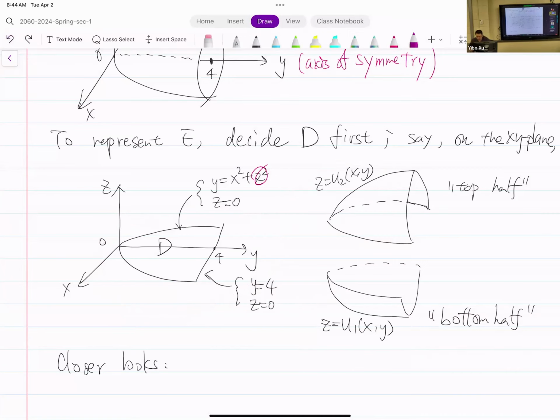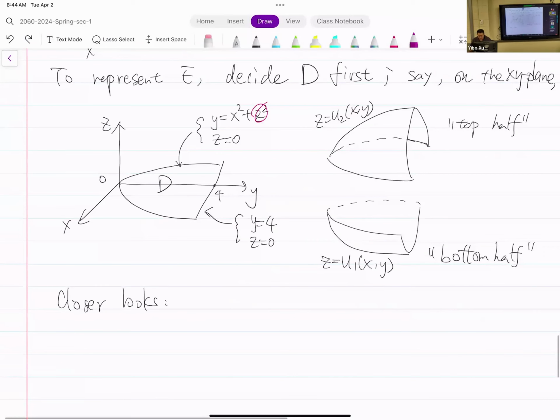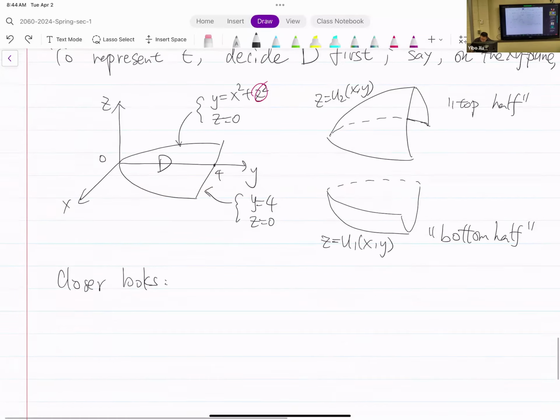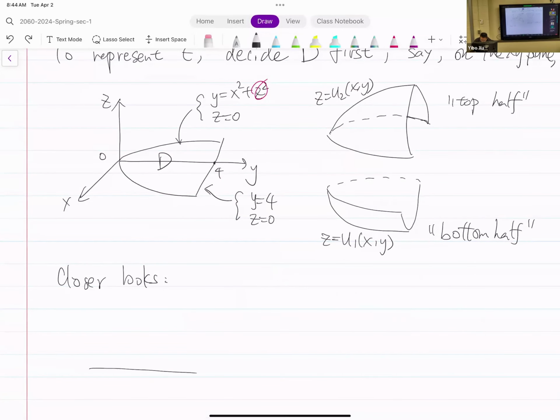In particular for the region D, it's actually a region in the XY plane that's enclosed by a parabola and a line, right? So we just draw it in the regular way. So we see here the horizontal axis is x, the vertical axis is y, and then you just have a parabola.